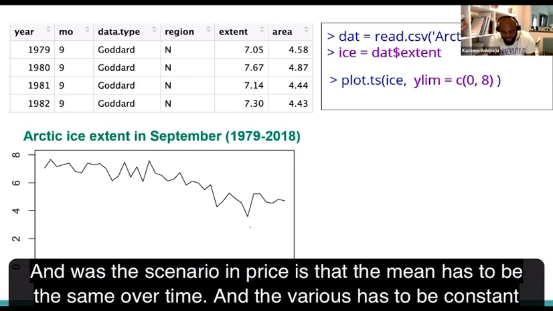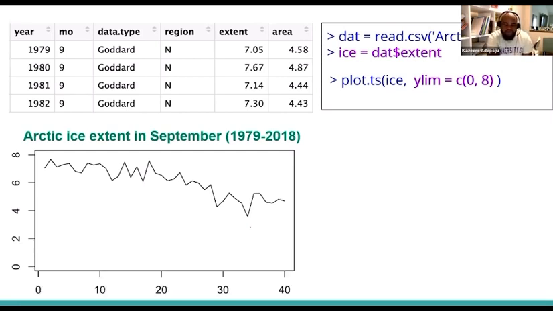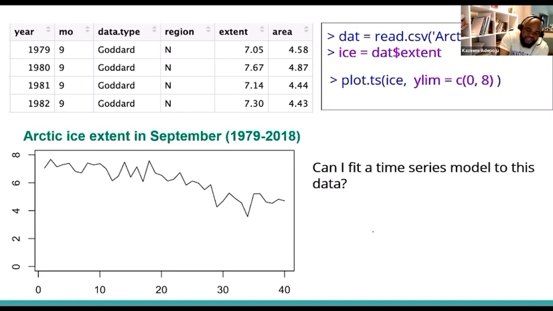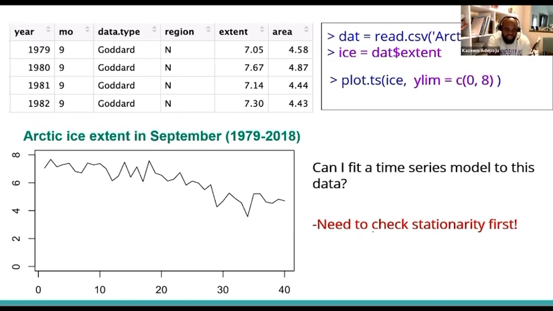That is where we're going to start from. As you can see, right now, I said, can I fit a time series model to this data? Of course, I need to check for stationarity.